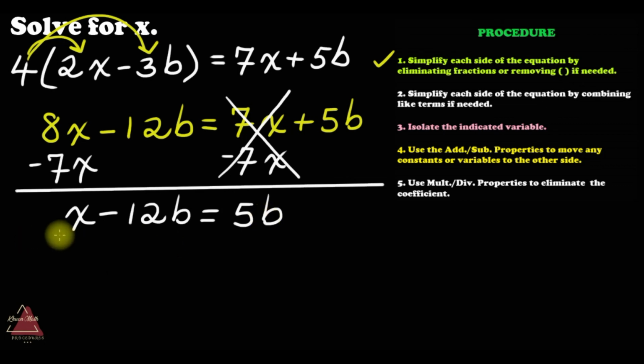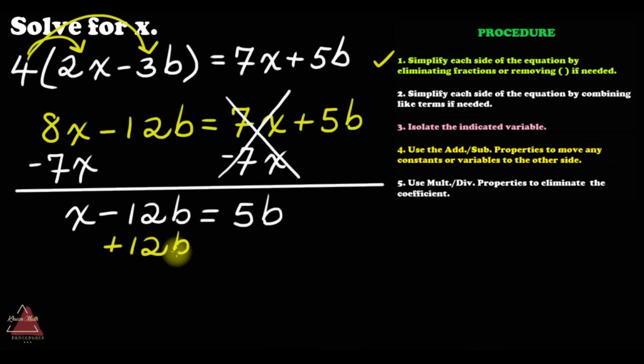Okay, so we're solving for x, so we got to get the x by itself. So that means we have to isolate this variable. So we're going to use the addition property of equality to get rid of the negative 12b. So how do you get rid of that negative 12b? Well, we have to add 12b. We do the opposite.